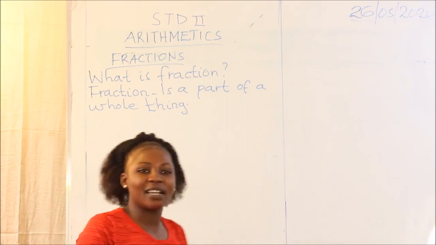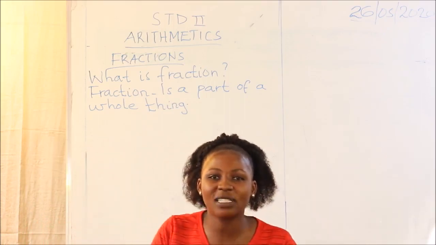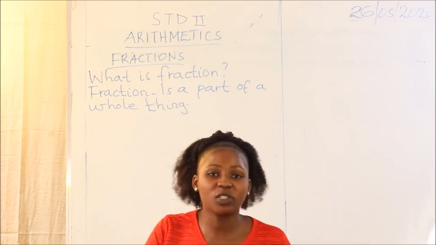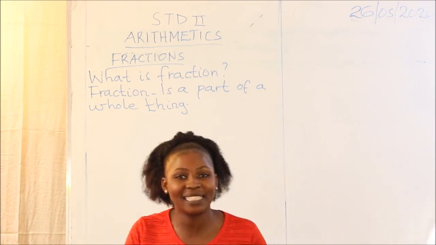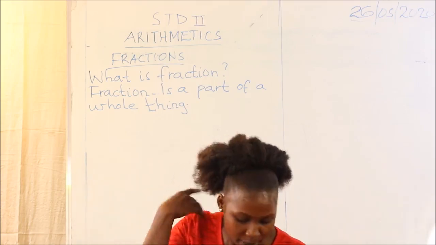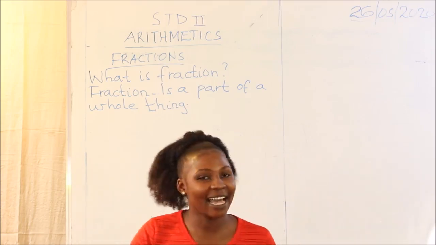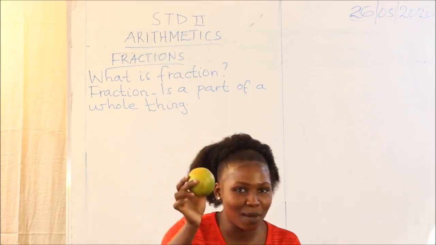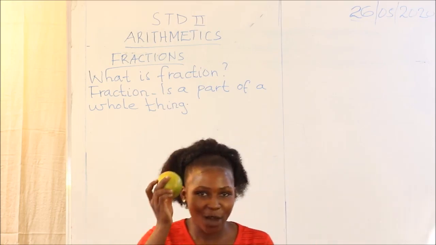You might ask yourself, what is a whole thing? Or what is the meaning of the word whole? When you're talking about whole, it means a complete thing, something which is not split or divided into any part. For instance, I have an orange with me here today. This is just a good example of a whole orange.